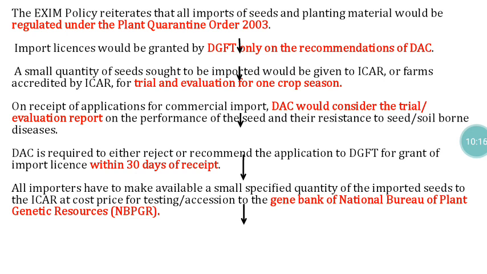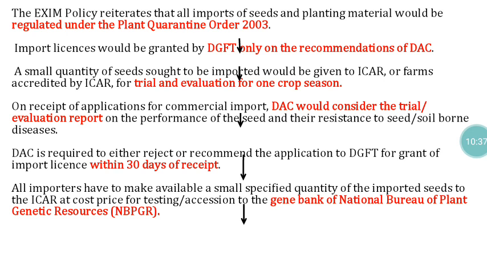Once they decide to accept, the application should be recommended to the DGFT, that is the Director General of Foreign Trade, for grant of the import permit. After receipt of that recommendation, the DGFT will give an import permit to the importer. Then the importer has to import the material.